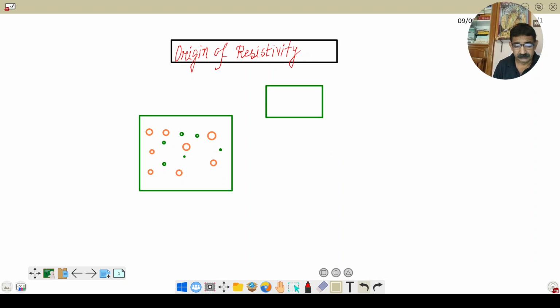V is equal to IR. No further discussion is required for this part. This is Ohm's law, and R is resistance.